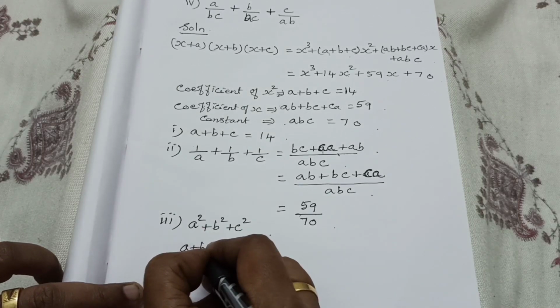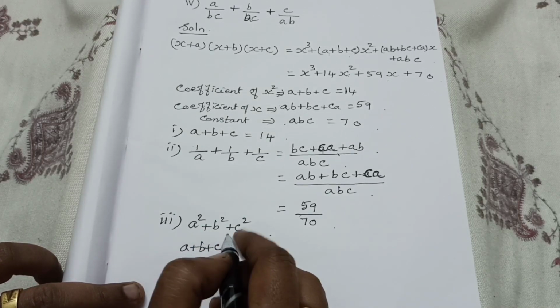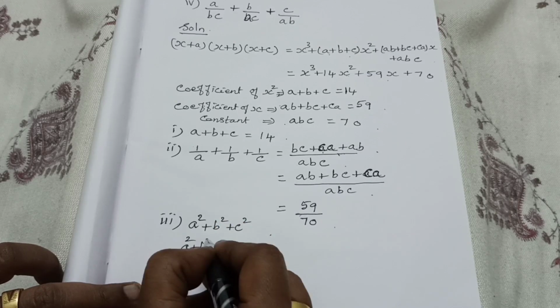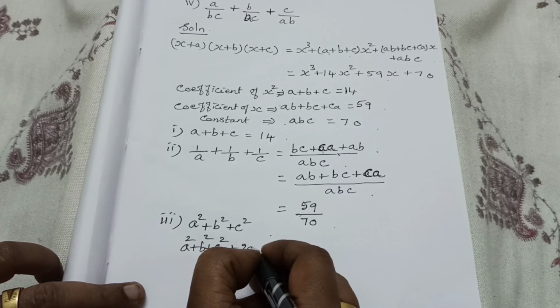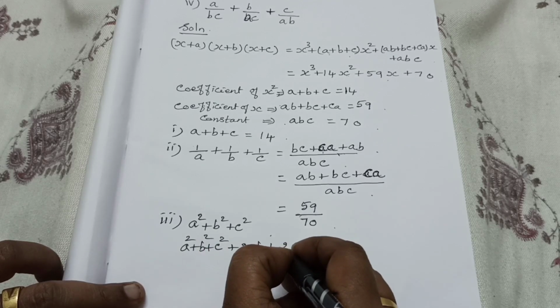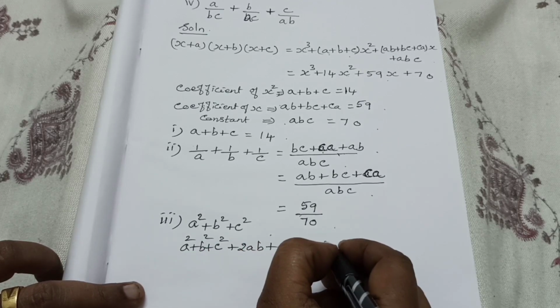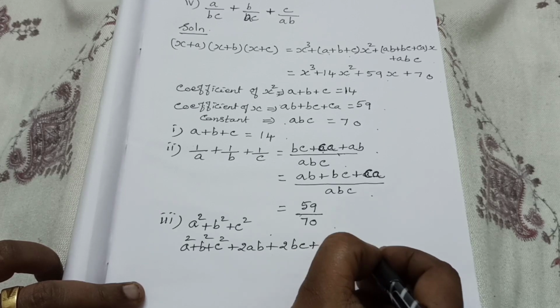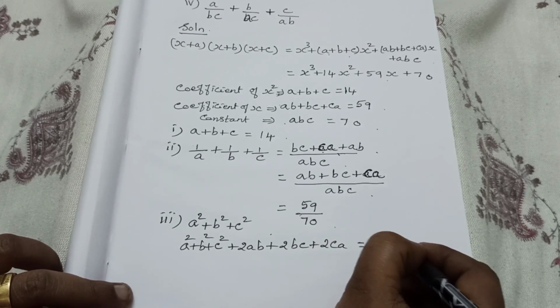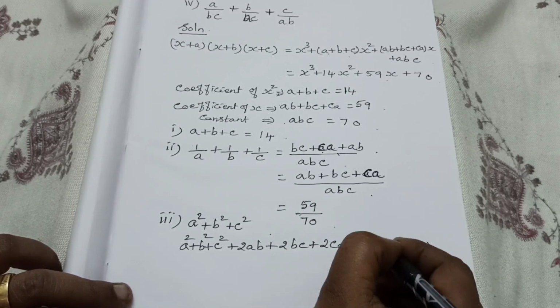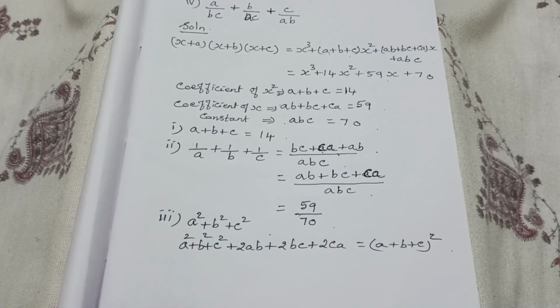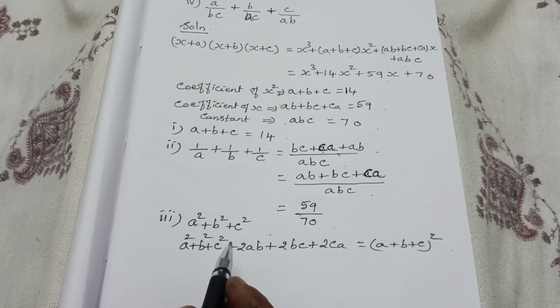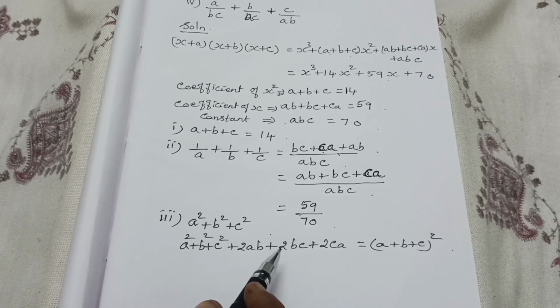a plus b plus c the whole square, otherwise a square plus b square plus c square plus 2ab plus 2bc plus 2ca is equal to what? a plus b plus c the whole square. You know this formula, isn't it? From here, then we have to find a square plus b square plus c square.